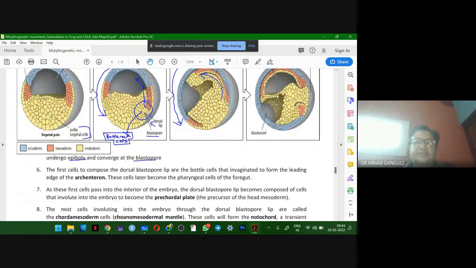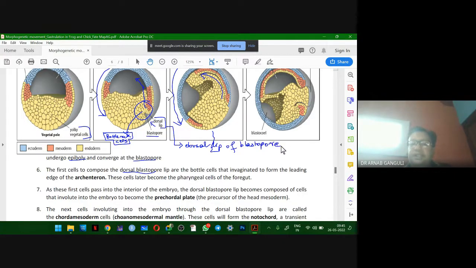So the first cells to compose the dorsal blastopore lip. So this is the dorsal lip. Now later on you will understand that this dorsal lip of the blastopore এই যে ঠোঁটটা তৈরি, একটা ঠোঁটের মতন তৈরি হলো জায়গাটা। This dorsal lip is actually the blastopore.